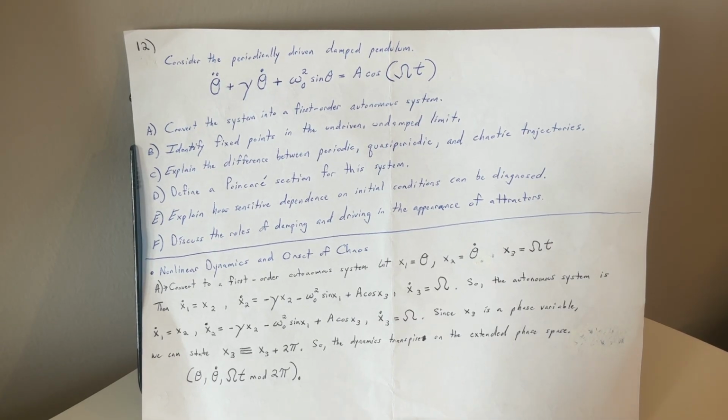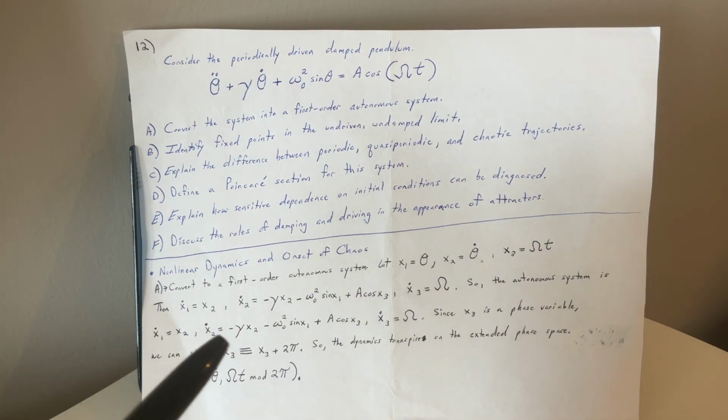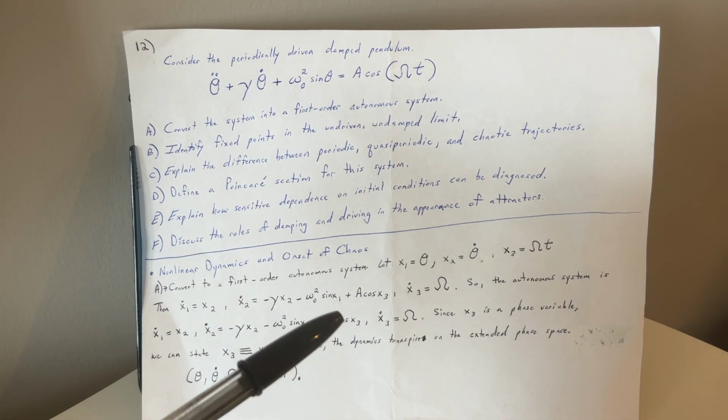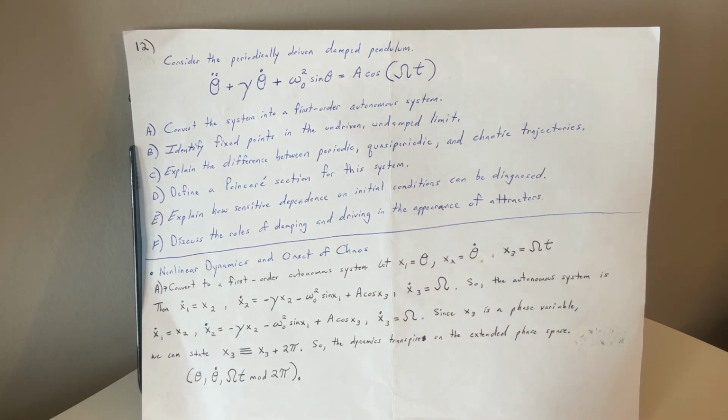So the autonomous system is going to be x sub 1 dot equals x sub 2. X sub 2 dot equals negative gamma x sub 2 minus omega naught squared sine x sub 1 plus A cosine x sub 3. And also here, x sub 3 dot is going to equal, again, capital omega.